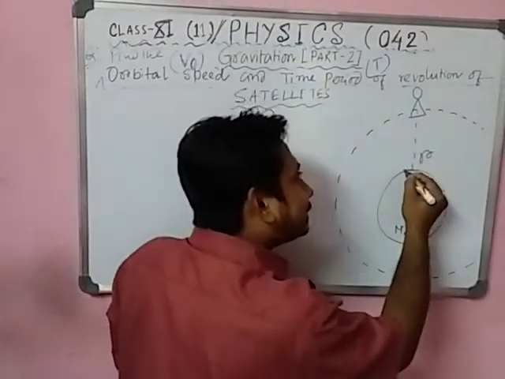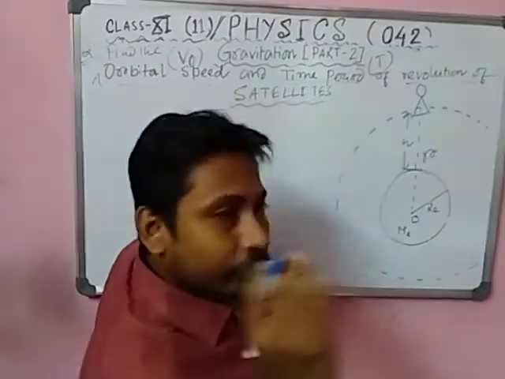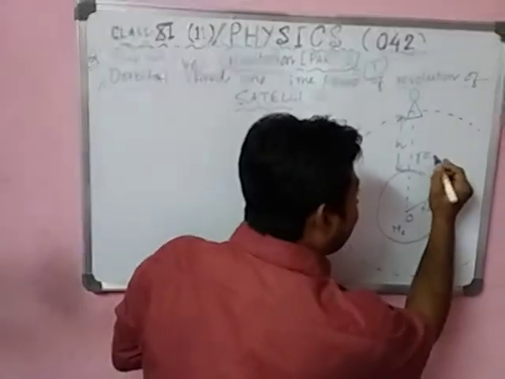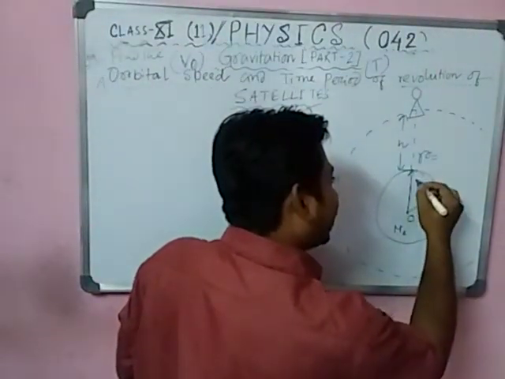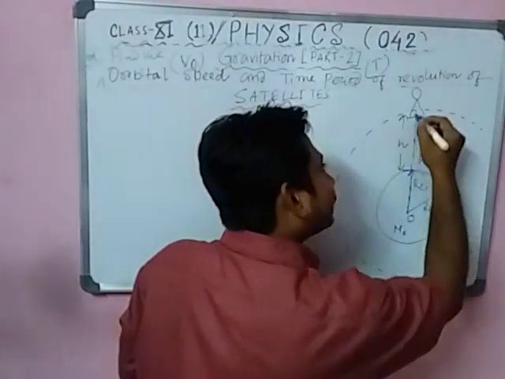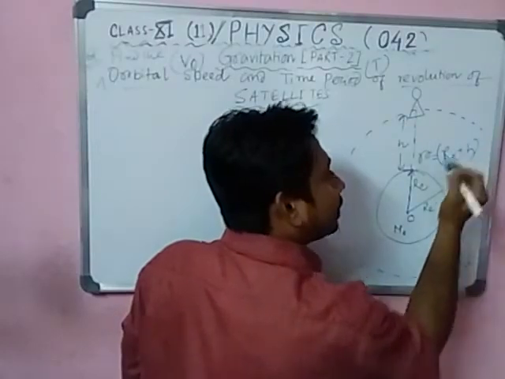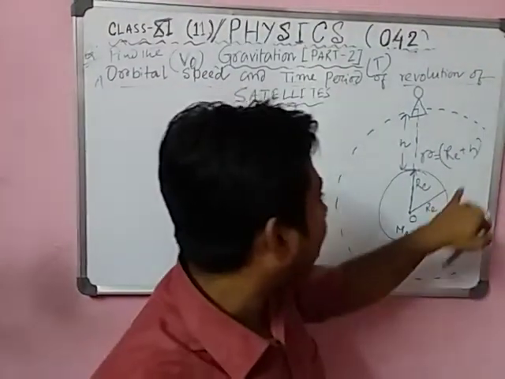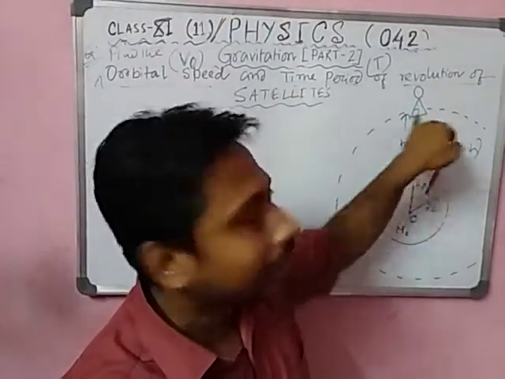From the earth's surface to the satellite, the distance is h. Now, what is the value of r? Yes, Re, the radius of the earth, plus h. So r equals Re plus h, where suffix e means earth. r is the net distance from O to the satellite.